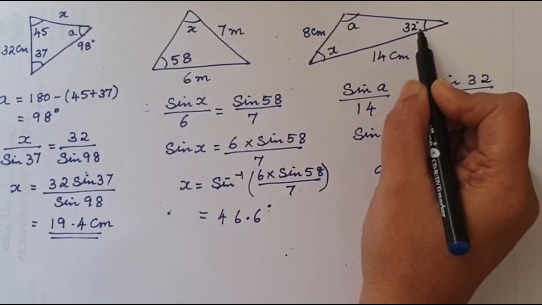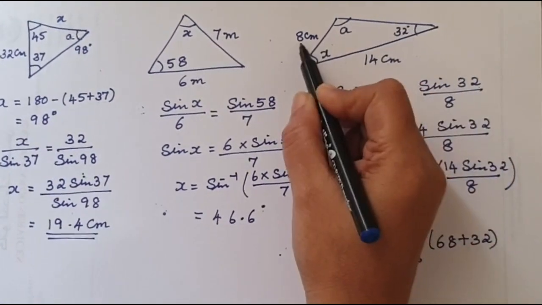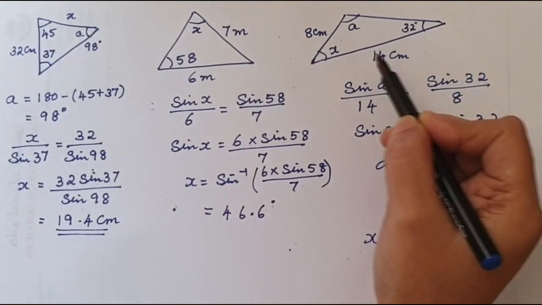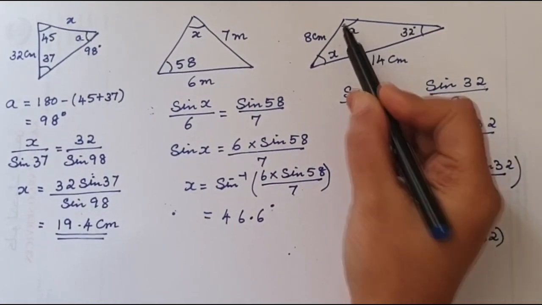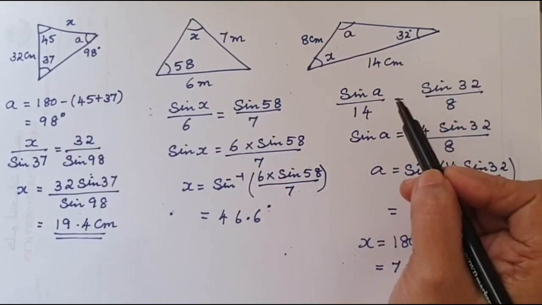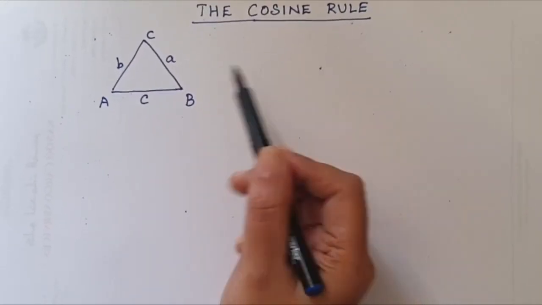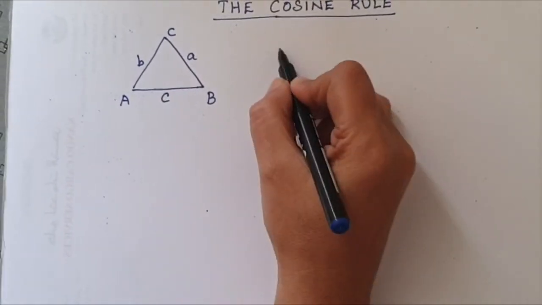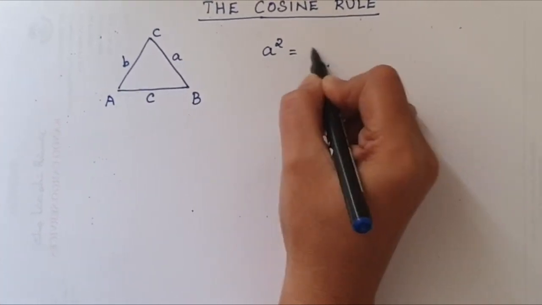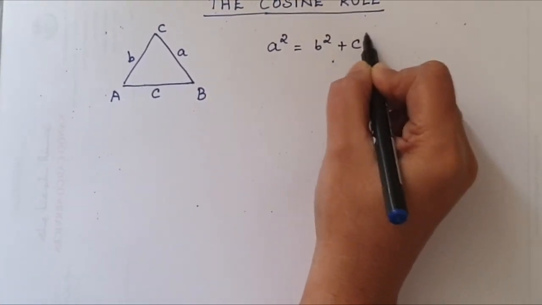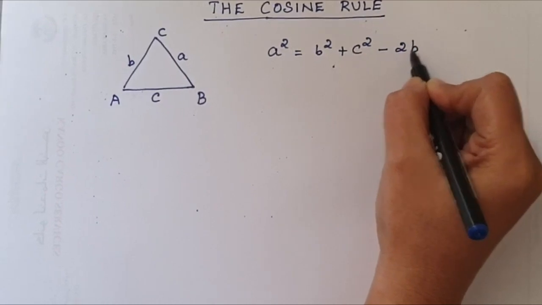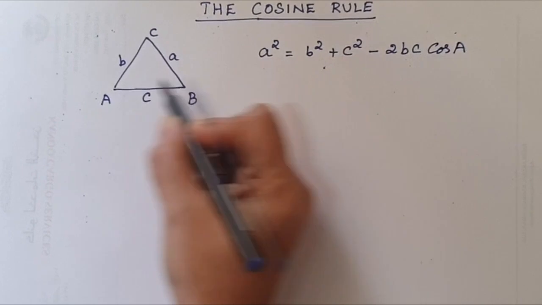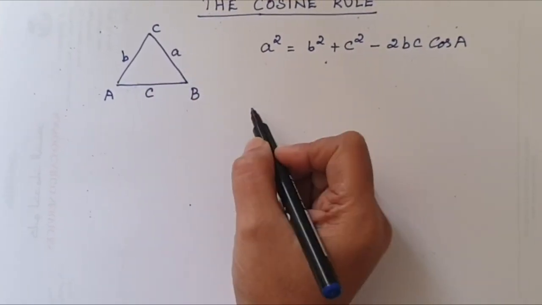When one set of corresponding angle and the side are given, we can find the other corresponding angle or the side in the sine rule. The cosine rule. For any triangle ABC, the cosine rule states that a square equals b square plus c square minus 2bc cos A. This is for finding the side, because the small alphabets represent the sides.